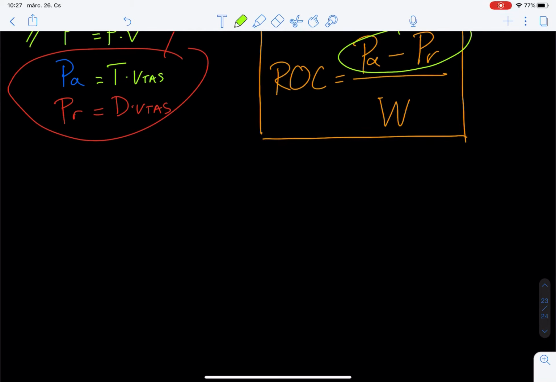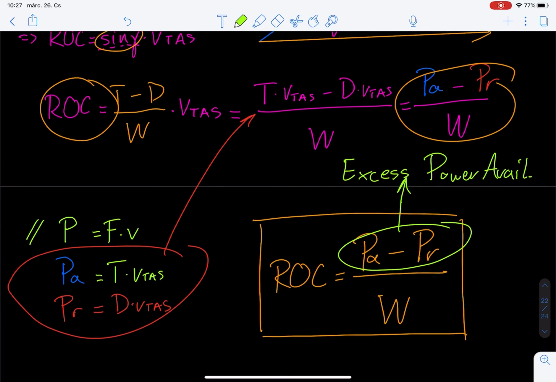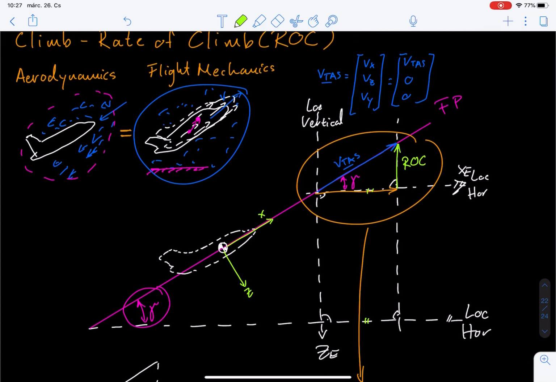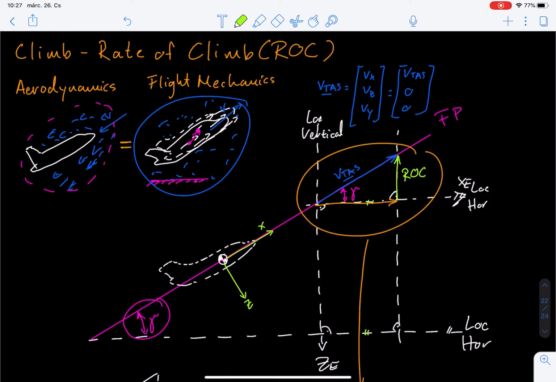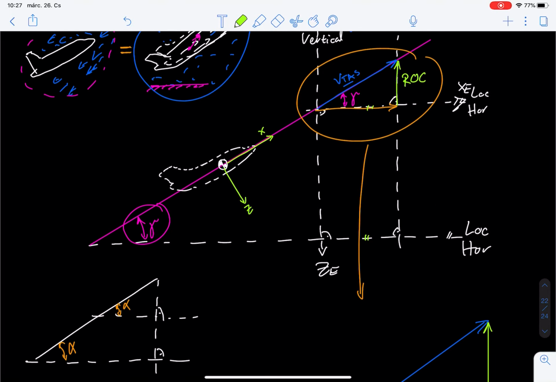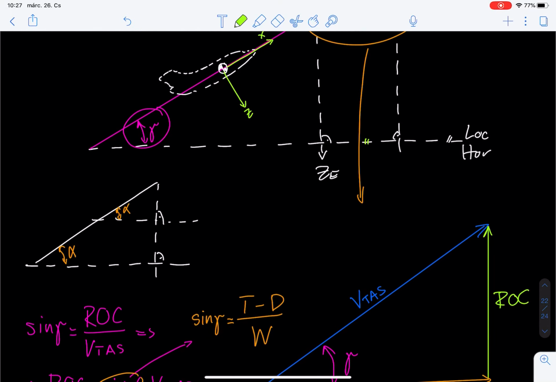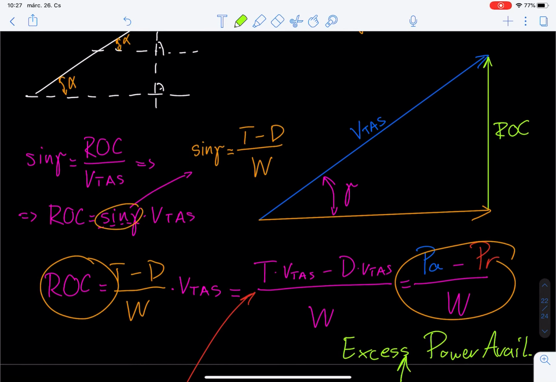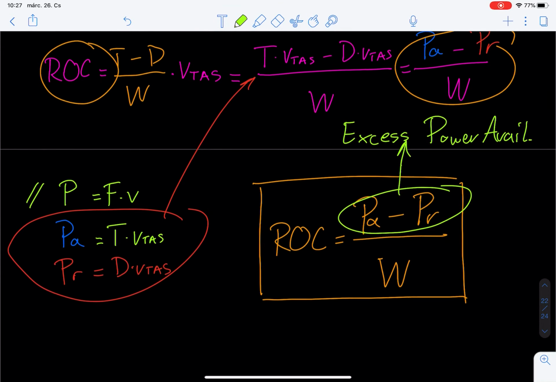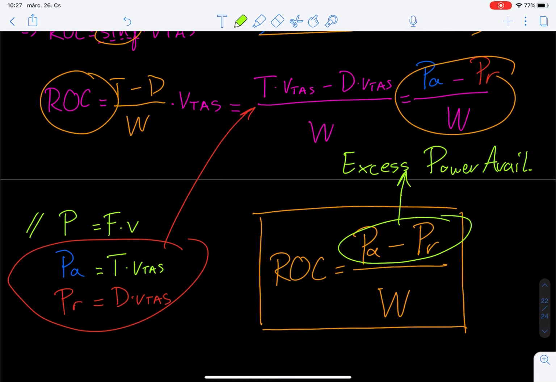So therefore we can see again that the rate of climb is the local vertical component of the true airspeed, and we can calculate it with the help of the excess power available: the power available minus the power required over the weight of the aircraft.